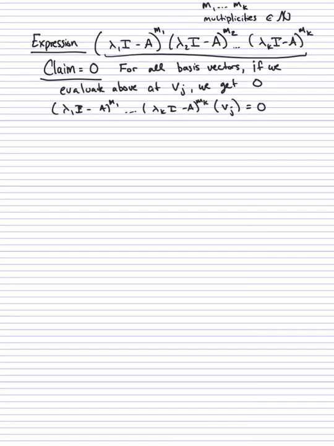Okay? So let me give you the idea of what this looks like, and why this is true. Okay, so why does v1 go to 0? Okay, so let me write down this expression. First, what does lambda 1 I minus A look like? Well, I know A was an upper triangular matrix, and it had this block of lambda 1s down the diagonal.